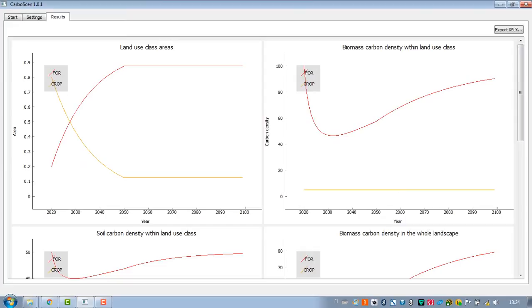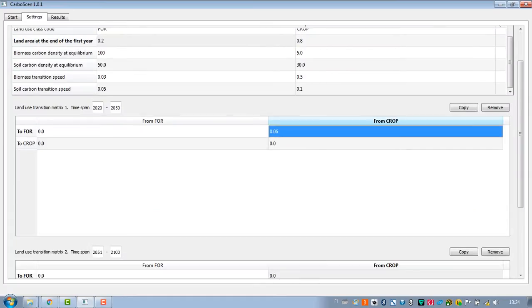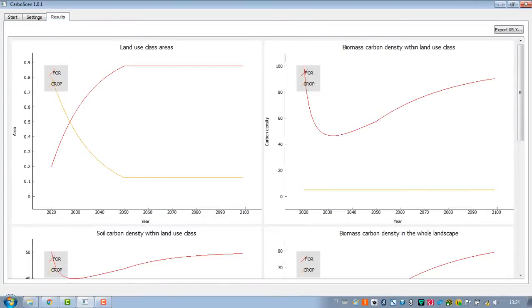If you remember, in the land use change matrix, in the first period we had cropland converted into forest, 6% of the cropland every year. So you can see that forest area is really increasing, and the opposite is true for cropland.